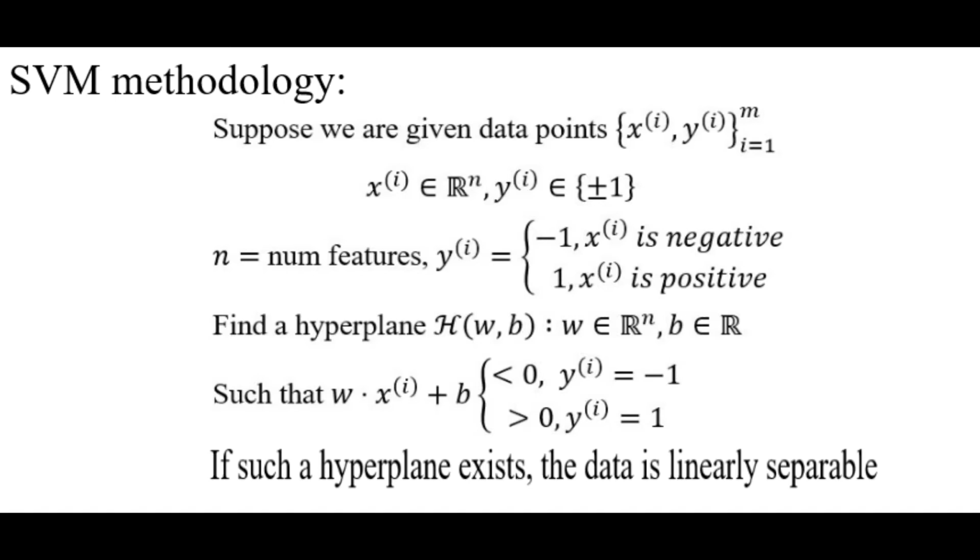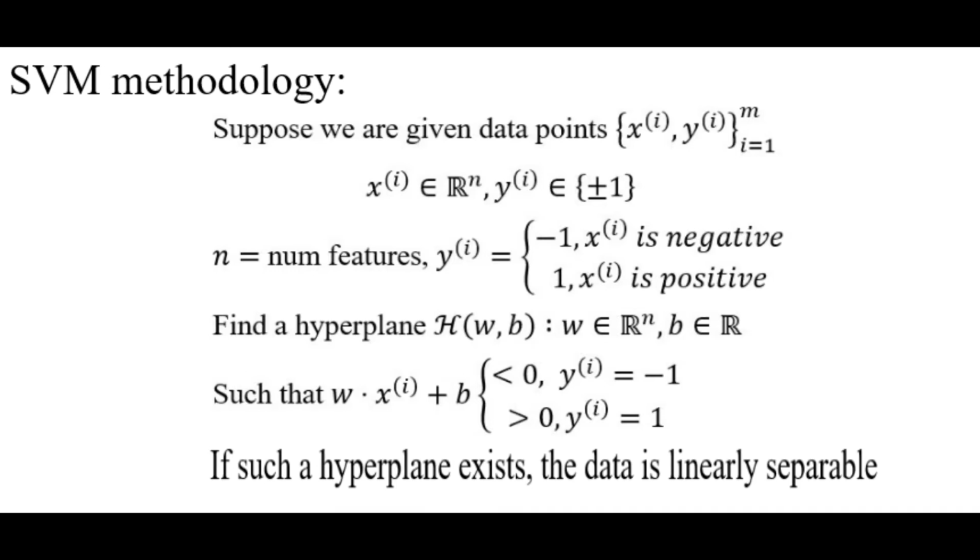Recall that a hyperplane is defined by its normal vector w, and its intercept term b. Further, a hyperplane can be thought of as partitioning the base space into two regions, and these regions are the set of points for which the expression w.x plus b is positive or negative. Note that such a hyperplane may not exist, in which case the data is not linearly separable.